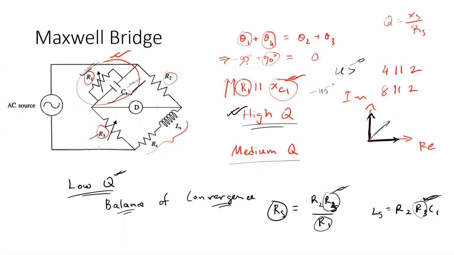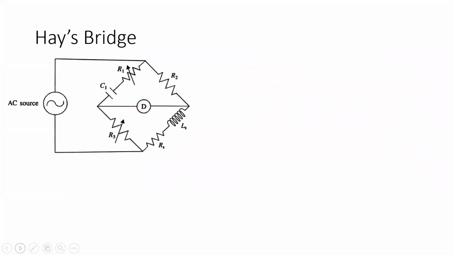So based on this fact, this Hayes bridge was introduced, where in this Z1 arm, the capacitor C1 was connected in series with the resistance R1. So in this case, the resistance doesn't have to be of a very high value, and easily the balance can be obtained for inductance which also has high quality factor.